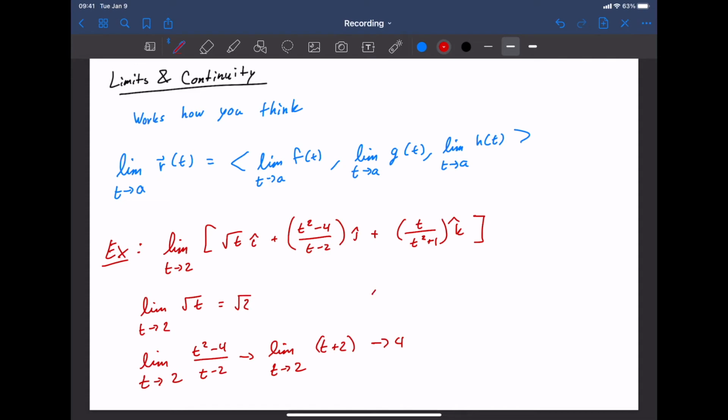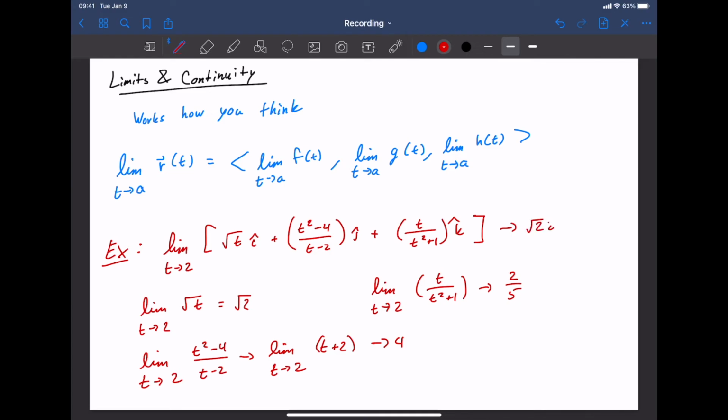And then the limit of the k component. That guy's continuous. That's one thing I'll be mentioning in a second. So clearly this is going to 2 over 5. Plugging in 2 works fine. That's been our strategy for limits since calculus. If you can plug in the number, it works out nicely. So what limit are we getting?